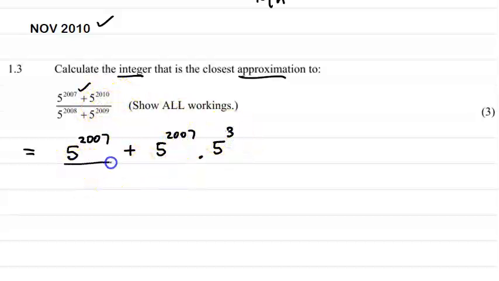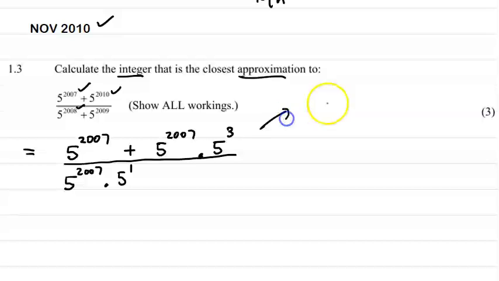Right? And that's going to be all over 5 to 2008, which is going to be 5 to the 2007 times 5 to the 1. 2007 plus 1 is 2008. Which rule are we using here?